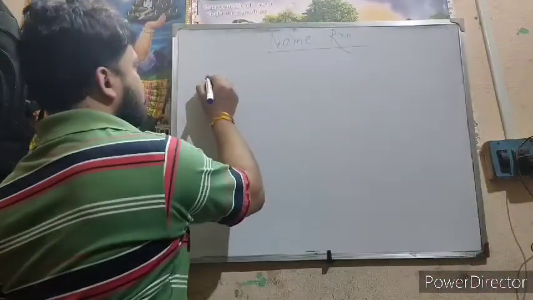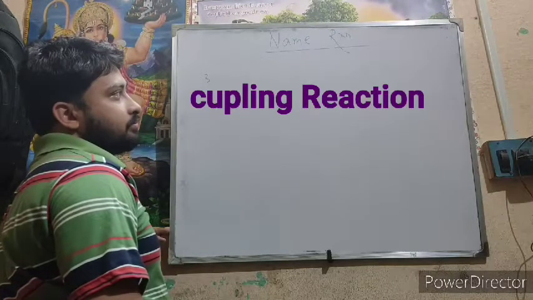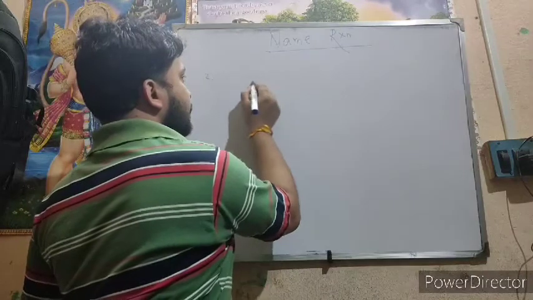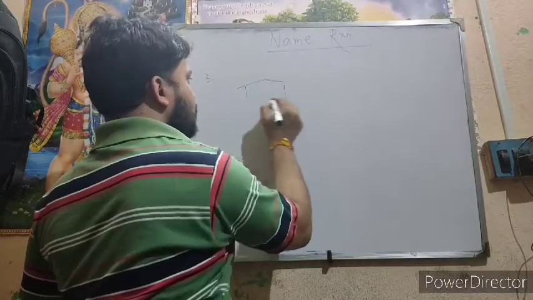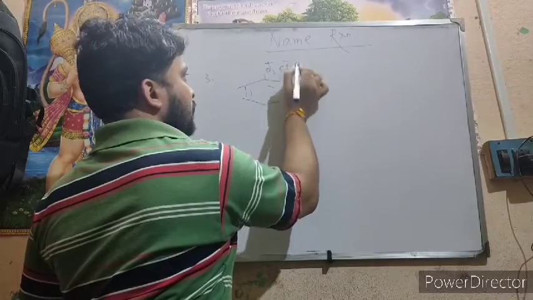Number 3, coupling reaction. So coupling reaction means you take benzene diazonium chloride with phenol.